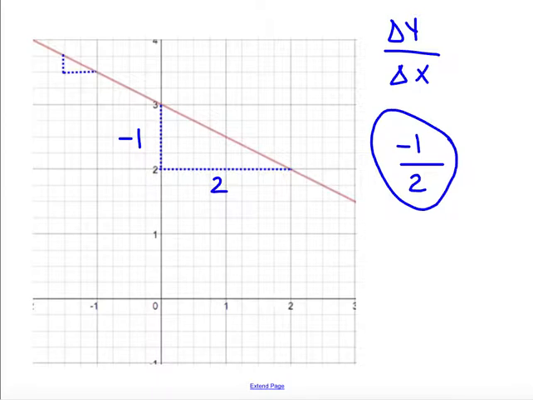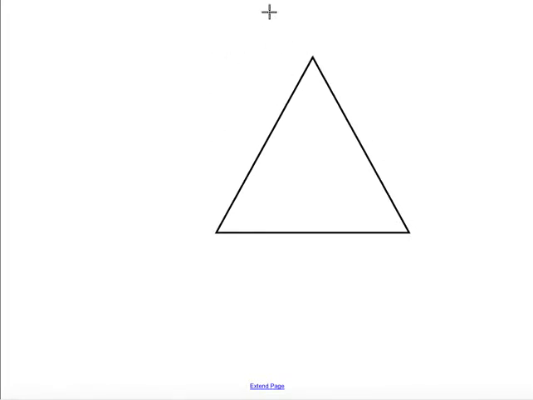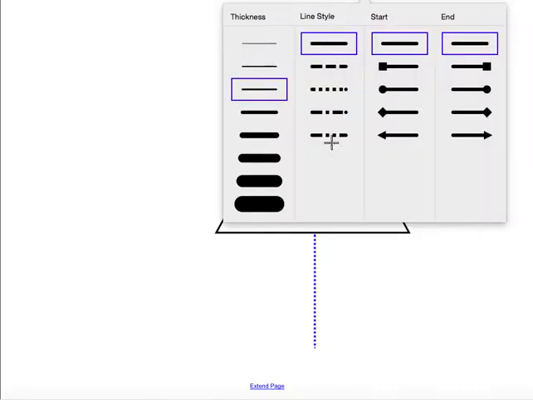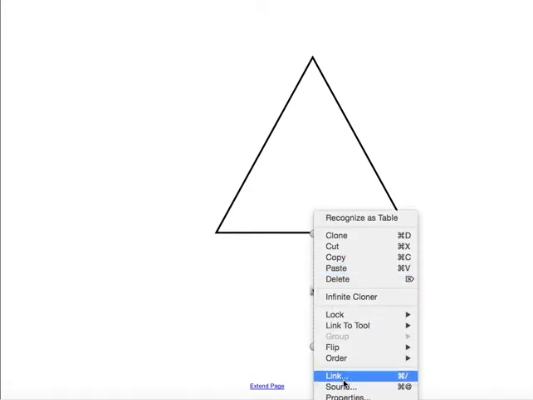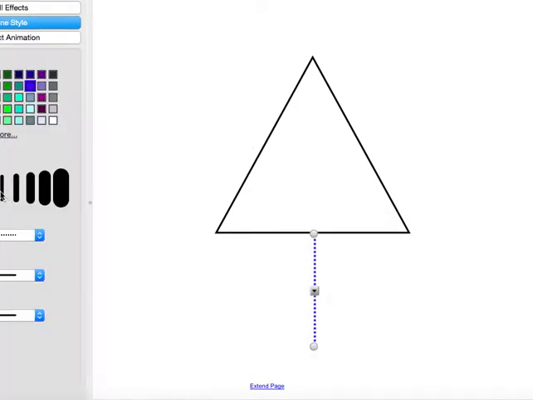And just really quickly, I also want to show you what we've called our slope triangle or slope tree. And our slope tree looks like this. Make this a little bigger. There we go.